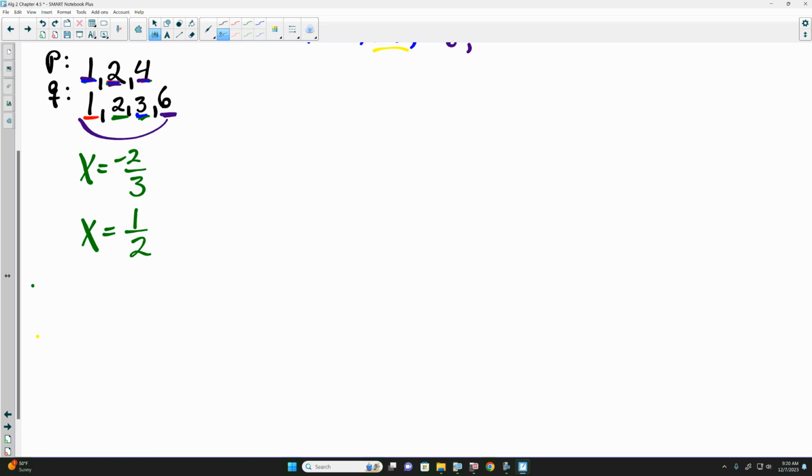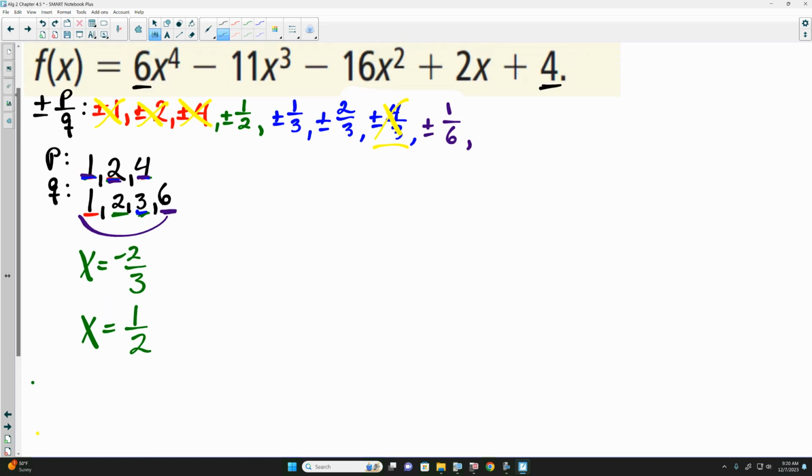Irrationals always come in pairs. So if we have one irrational solution, we have to have a second. And since we have 4 solutions, we've taken away the 2 rational. We have to solve it for the irrational. So most likely, none of them line up to it. There's a good chance it's irrational.